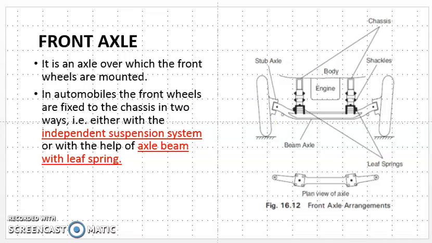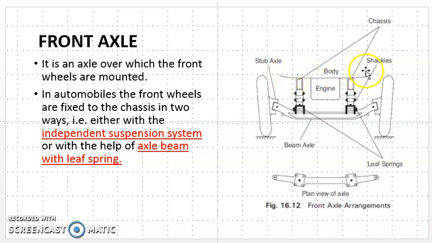Here the diagram is shown for understanding. This is the front beam axle, called a beam axle, and here the leaf spring is shown. We are looking from the front side, that's why we only observe the front view of the leaf spring. And this is the stub axle, where the whole wheel assembly is connected through the stub axle to the beam axle.